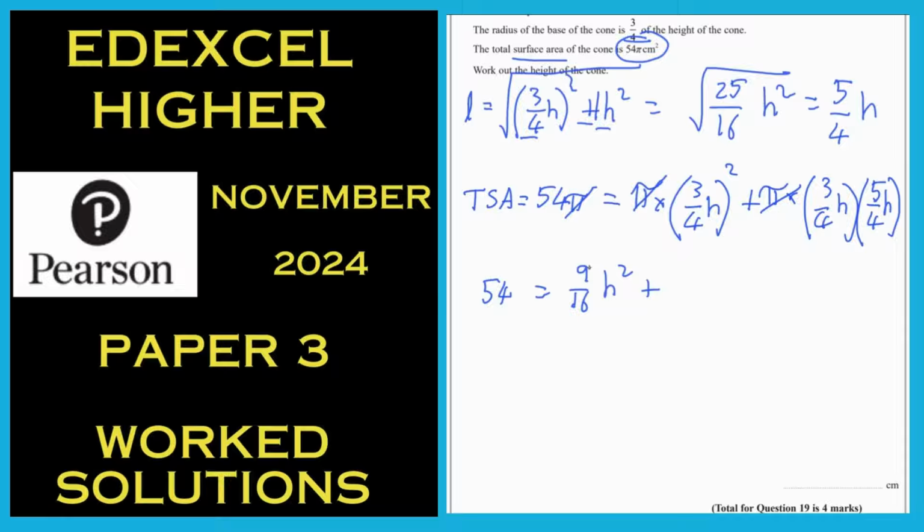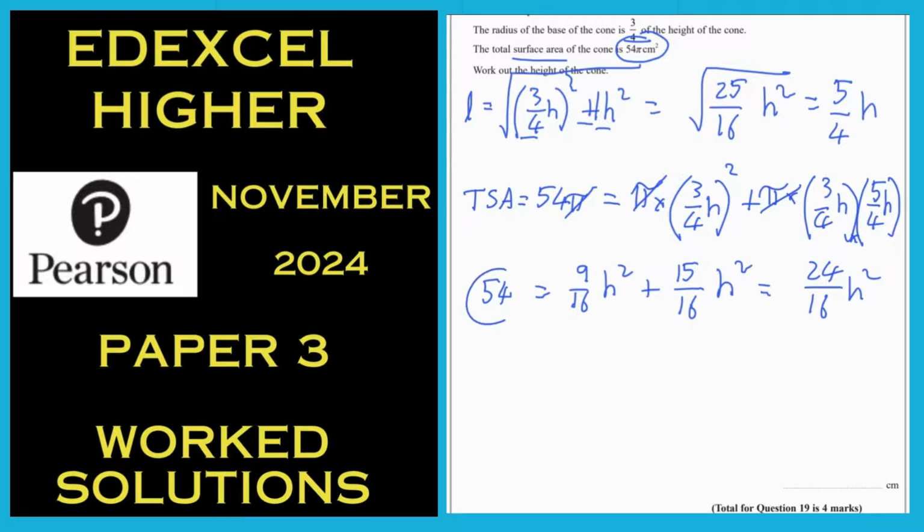And we've got h times h, more h squared, except next to it is 3/4 times 5/4, which is 15/16. They become quite easy to add together. We are getting 15 plus 9, 24/16. And our job now is to work out h squared.